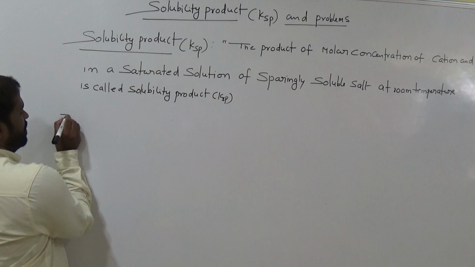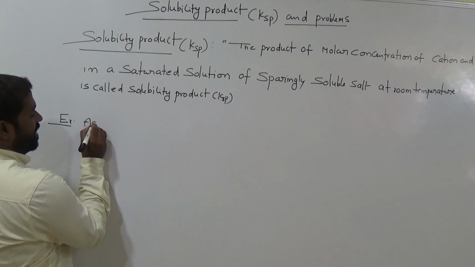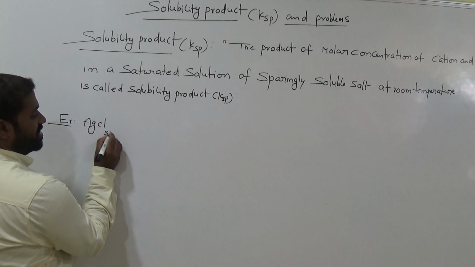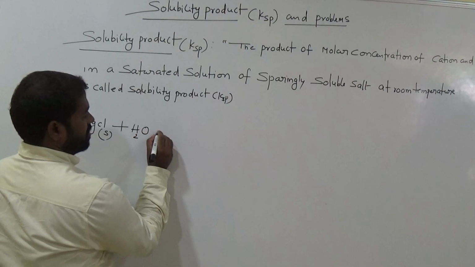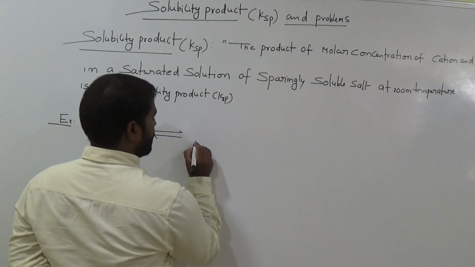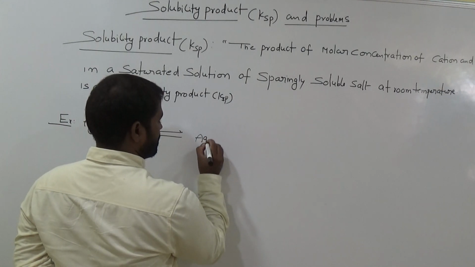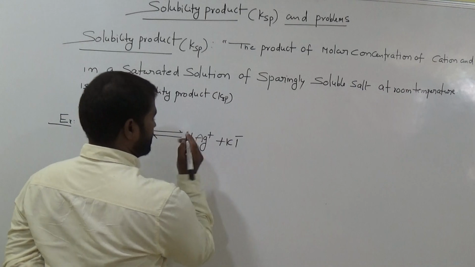Let's see the example. AgCl, which is solid, dissolved in water, is in equilibrium with Ag plus and Cl minus. Is it clear?